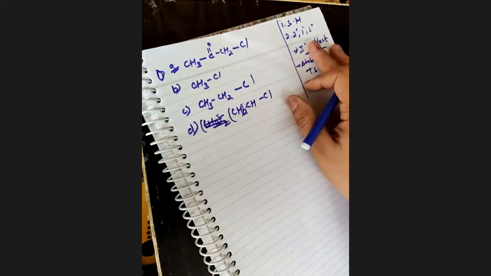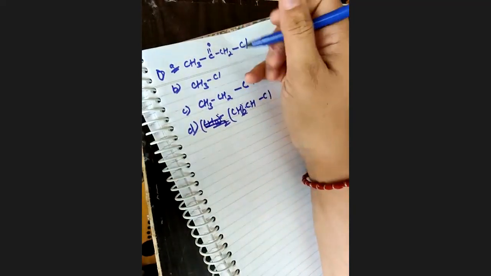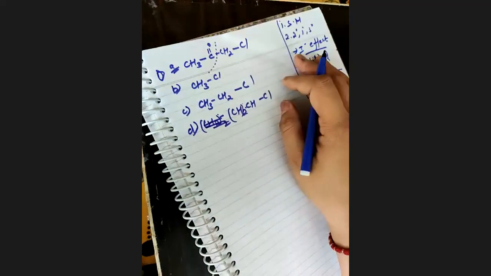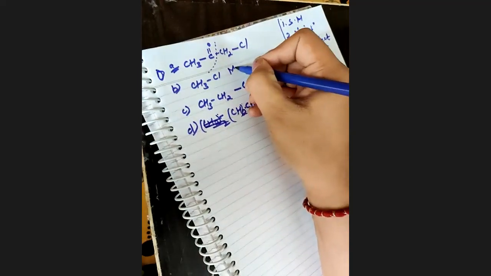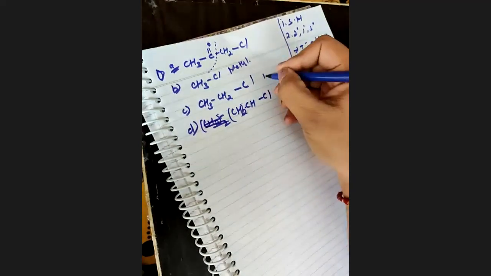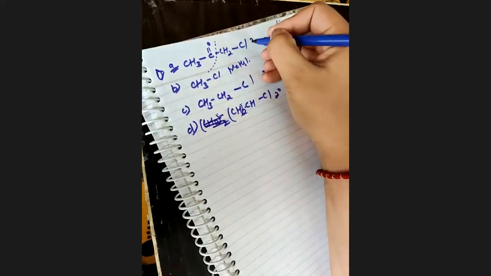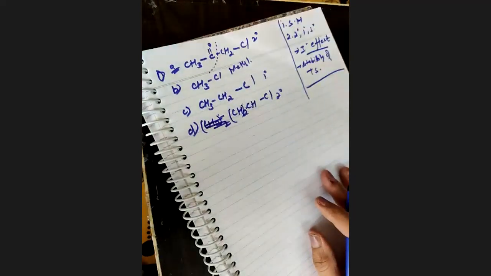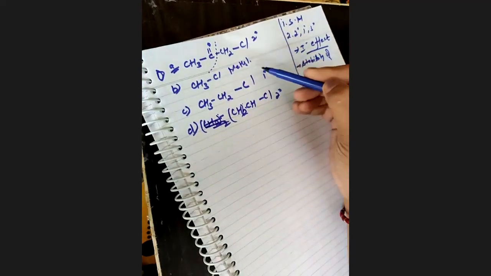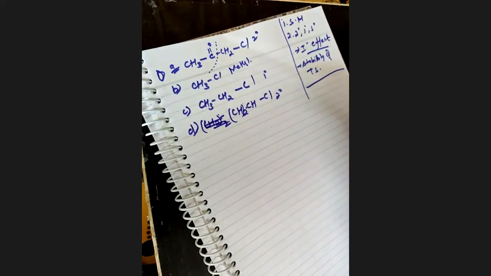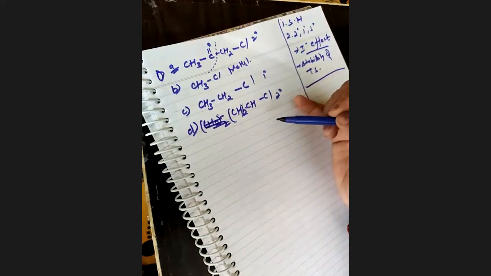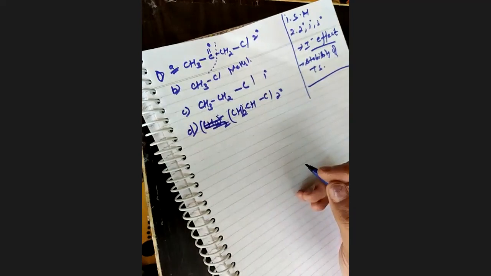So let's start with this one. The first is methyl, the second is primary, and this is secondary, and this is also secondary. The carbon is attached to this and this. So: secondary, methyl, primary, and secondary. Now we have to arrange all these groups in increasing order.